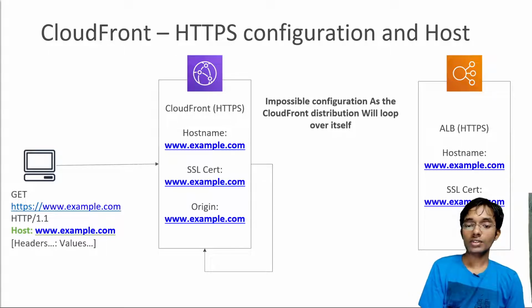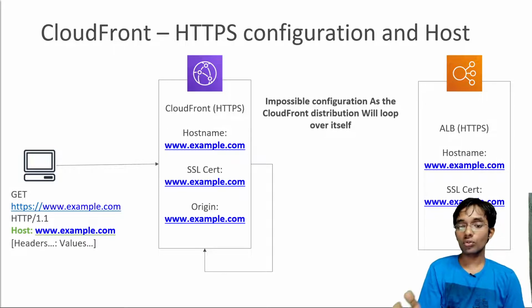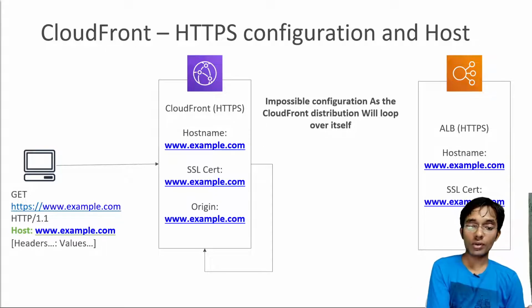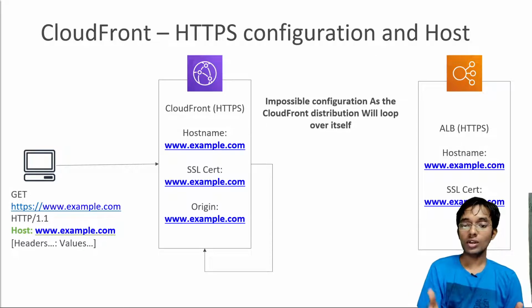In this case, things are not going to work properly, because CloudFront will try to redirect to the origin www.example.com, but it turns out that it's itself, so there will be a loop, and it's an impossible configuration, because the CloudFront distribution will loop over itself.